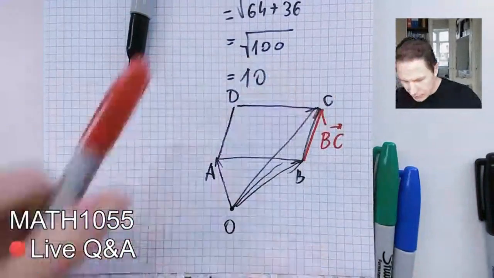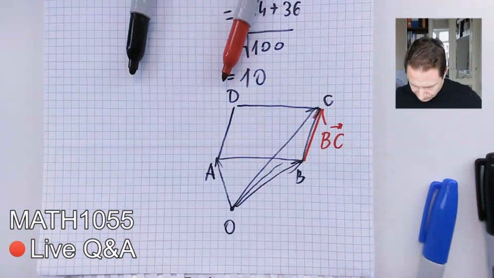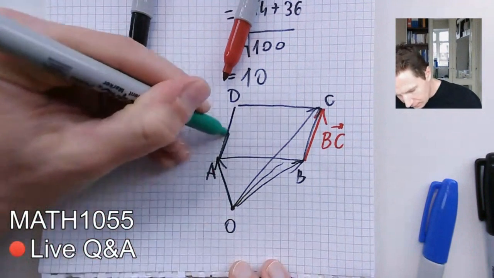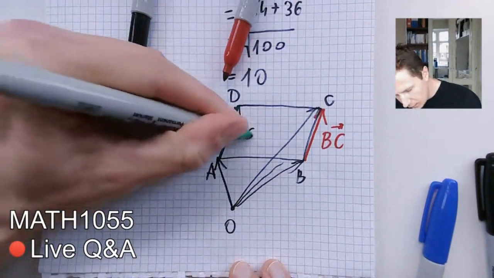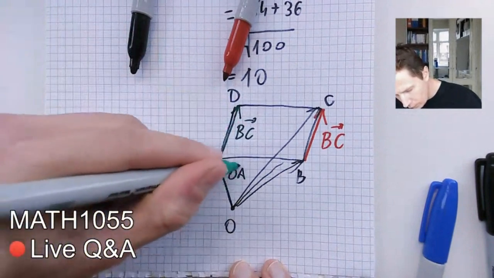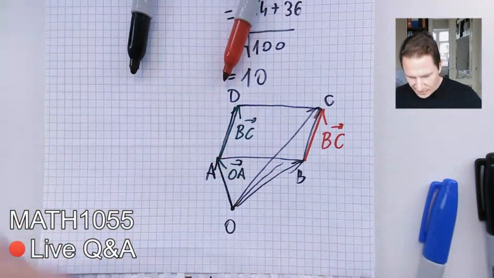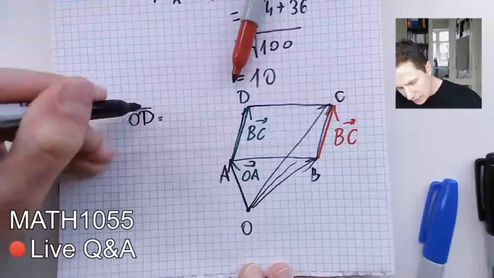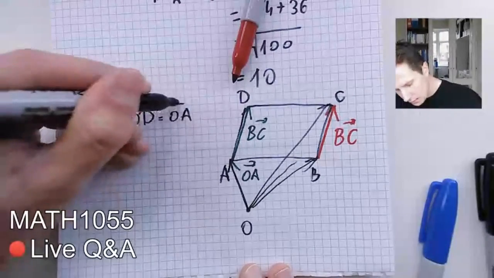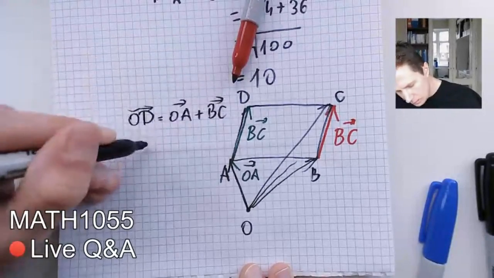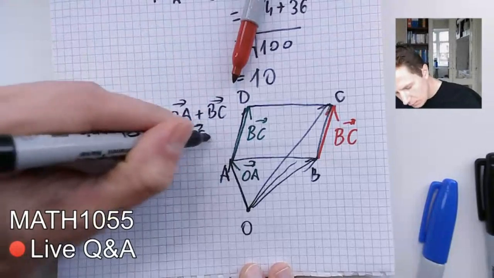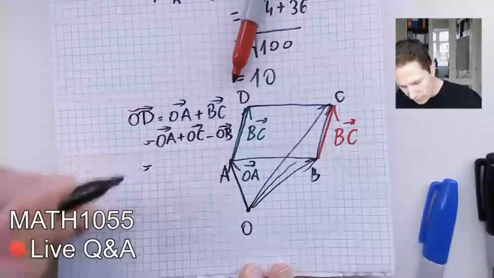What is it? BC, and you could calculate then this sum going from O to B, and then adding BC to this. So this is OA. So to get the coordinates of D, you just calculate OA plus BC, meaning that you take OA plus OC minus OB, these position vectors.